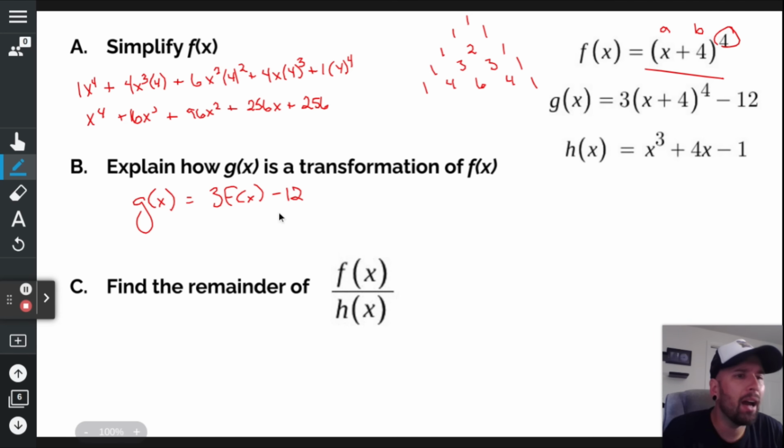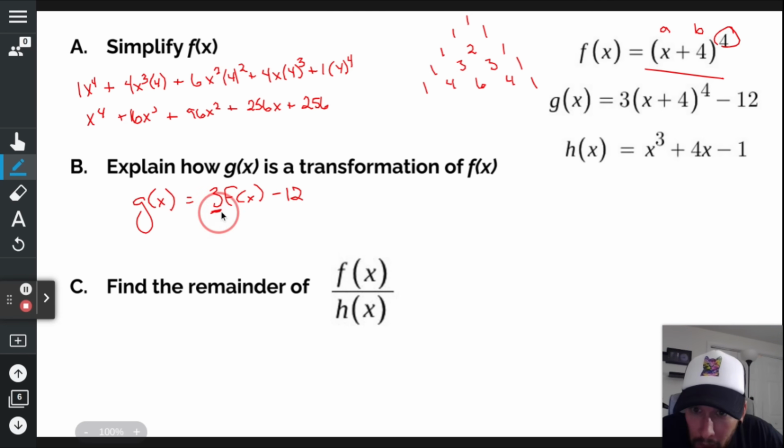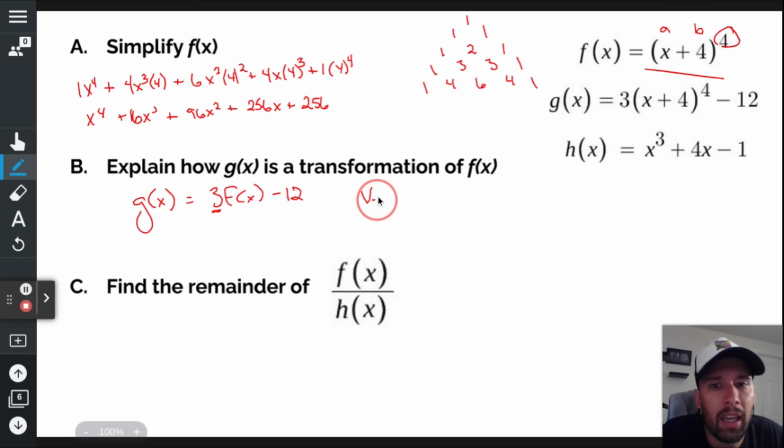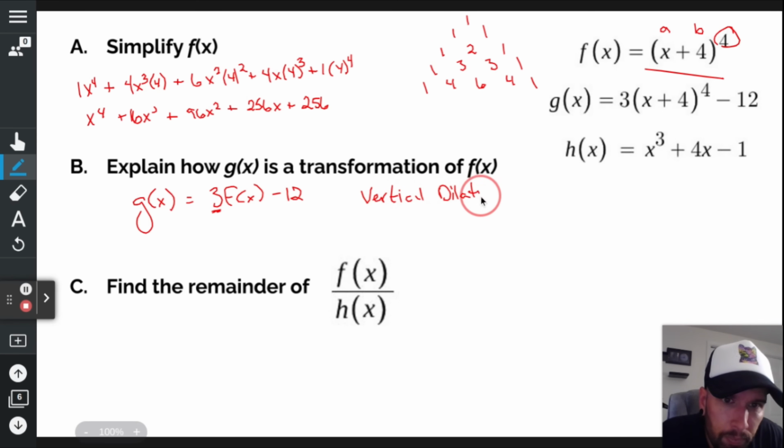So what I have is a vertical dilation of 3 because 3 lives in front of f of x. So let me say a vertical dilation of 3.